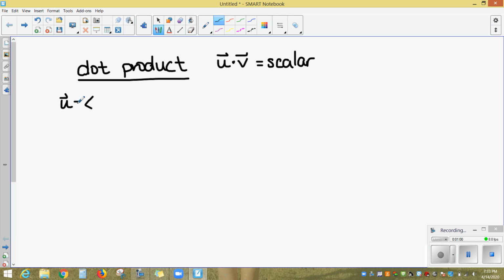So maybe we will say that u is the vector u1, u2. Okay, v is our vector v1, v2, or its components.